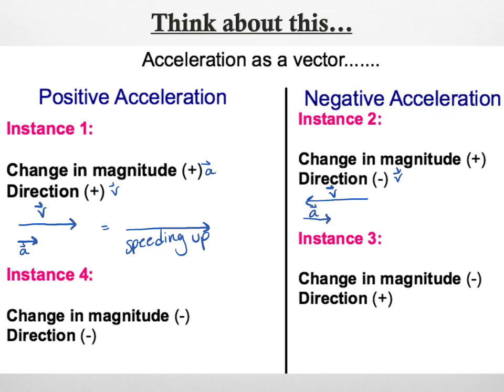Is the acceleration helping that speed up, or is it working against it and slowing it down? It's definitely working against it and slowing down, because look what happens to the resulting vector here. It's not as big, right? So therefore, this guy is slowing down.